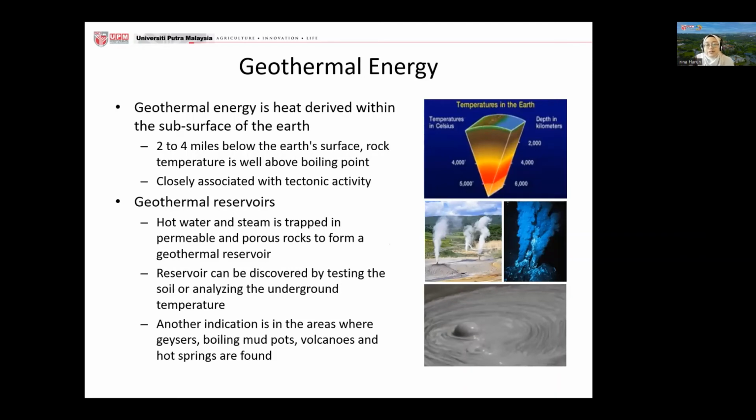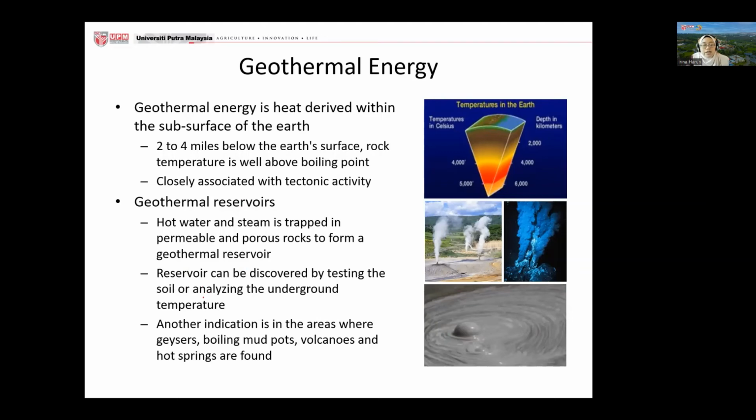But before that, we're going to go very quickly on geothermal energy. Geothermal energy is heat derived within the subsurface of the Earth. It's 2 to 4 miles below the Earth's surface, and the rock temperature is well above the boiling point. Hot water and steam is trapped in permeable and porous rocks to form a geothermal reservoir.